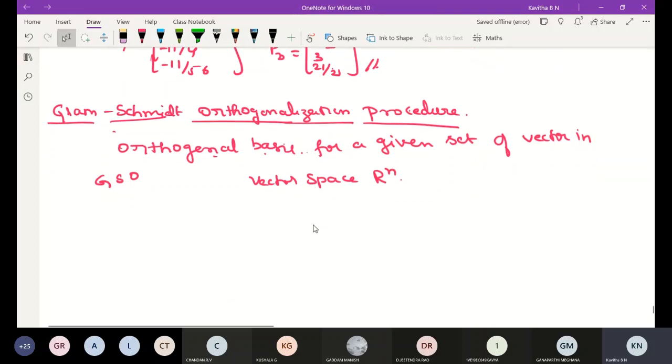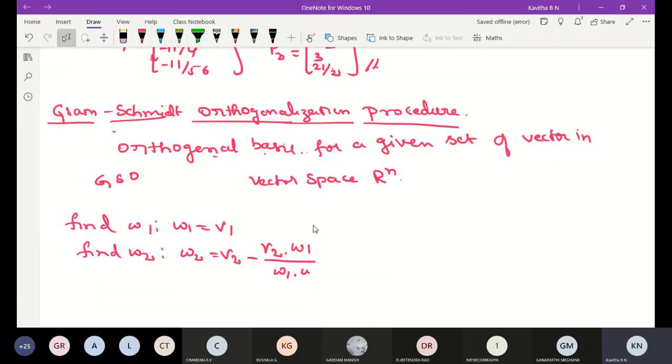Then here, find W1 is equal to V1. Then find W2, which is equal to V2 minus (V2 dot W1 divided by W1 dot W1) times W1.